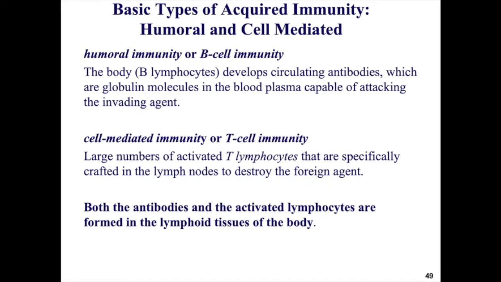The T cells, on the other hand, don't produce that fluid component, and therefore we call that the cell-mediated immunity. The boundaries between these two kinds of immunities are very changing, and so this separation may be somewhat outdated.